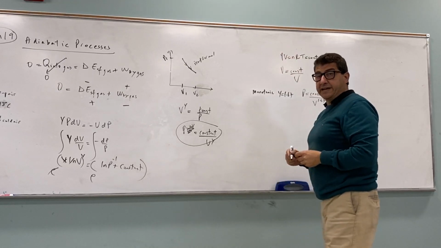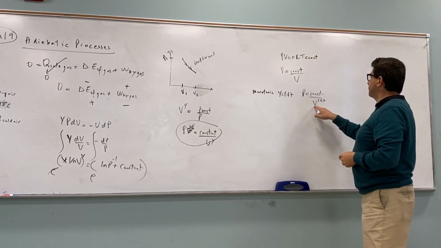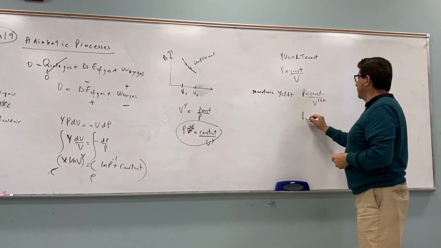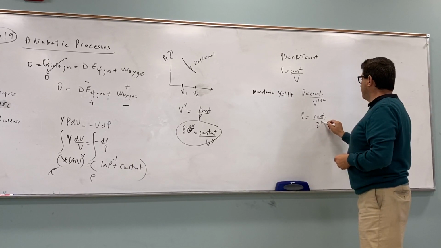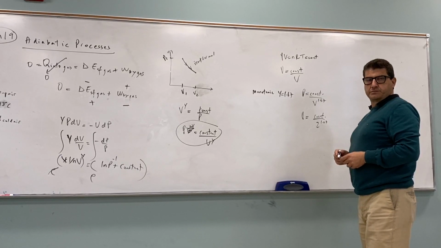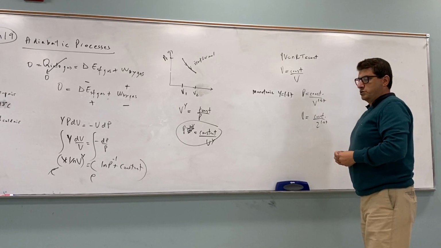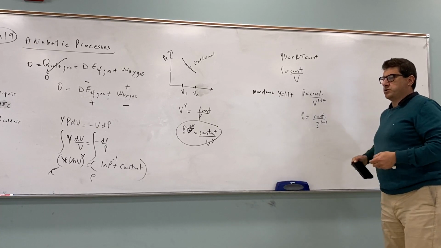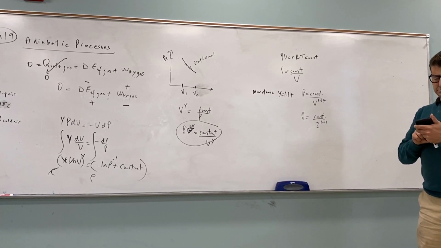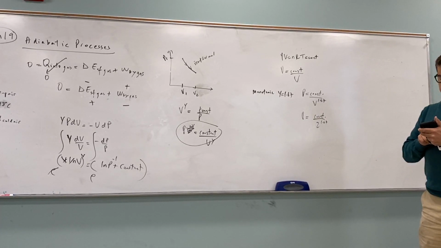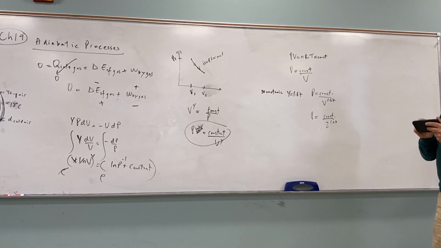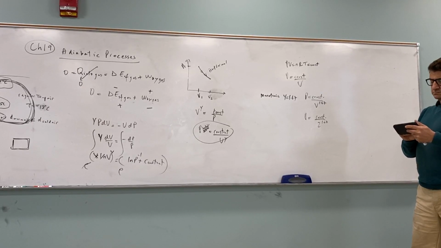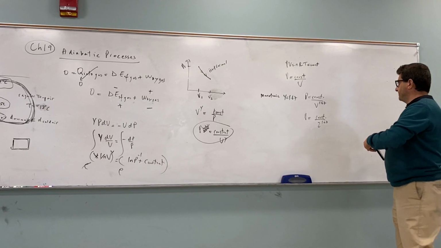Right? But adiabatic is going to look like what? If the volume doubles, what happens to the pressure? Constant over 2 to the 1.67. Right? 2 to the 1.67, that's going to be what? 0.314.